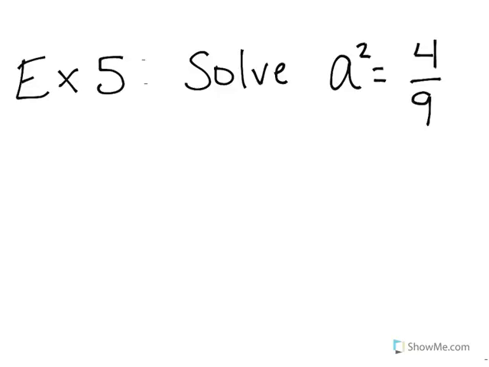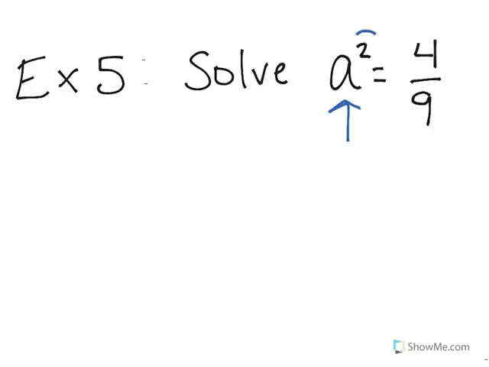My last example might be the trickiest, but let's try to make this as easy as possible. This problem is asking you to solve an equation. The equation says solve a to the second power, or a squared, equals 4/9. Our goal is to solve for our unknown variable, a, and what we always have to do is get a by itself.